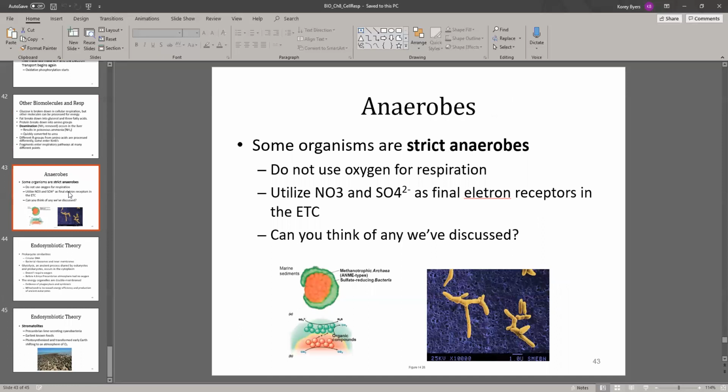And not everything utilizes aerobic respiration. Some organisms are strict anaerobes. That means they don't use oxygen for their final electron receptor. If you ever seen a canned good, like a can of food, and it's a little expired and it's bulging, you don't want to eat that because the Clostridium bacteria has built up inside of that and is releasing its toxic compounds, and you don't want that.